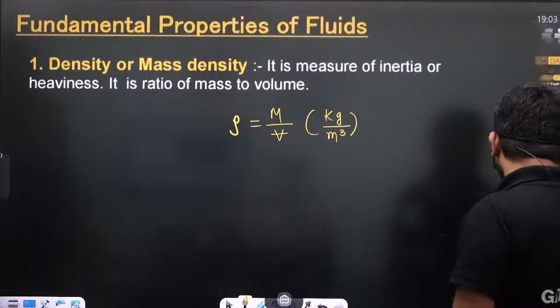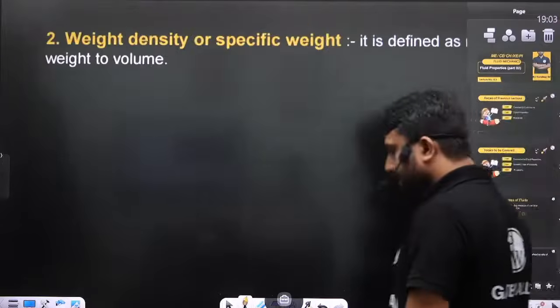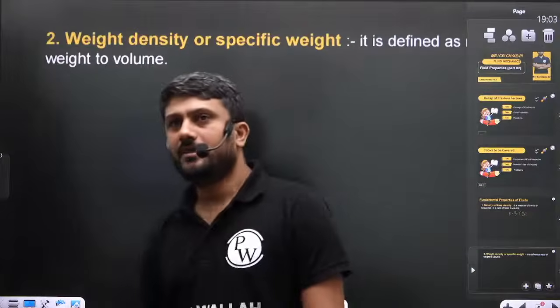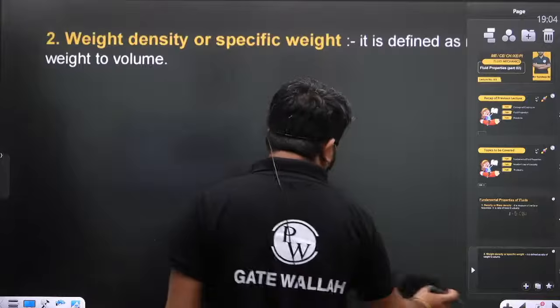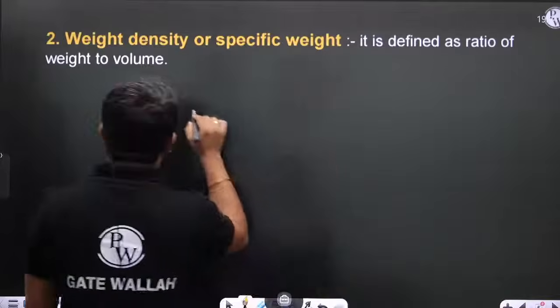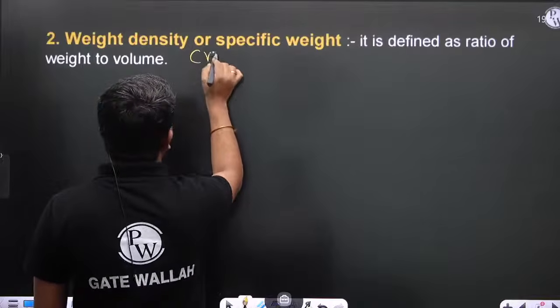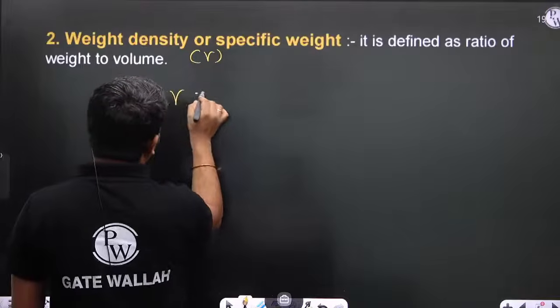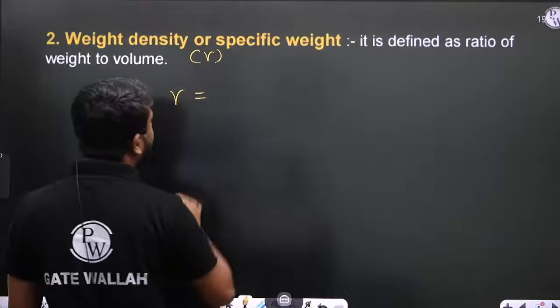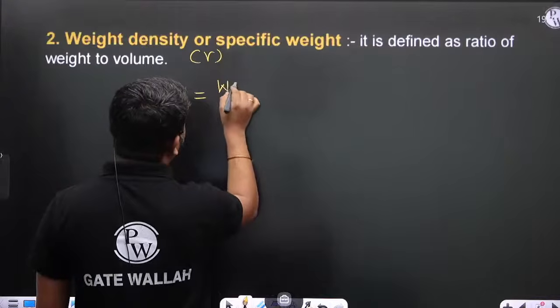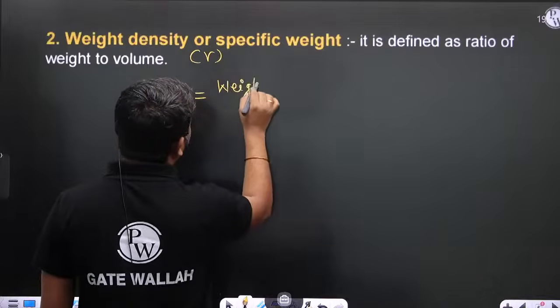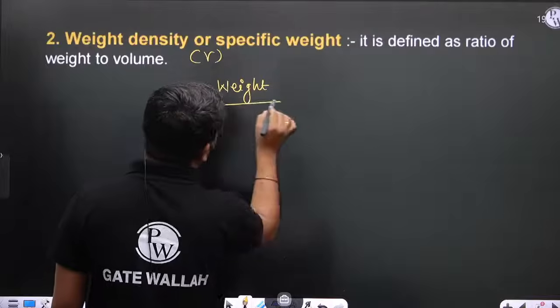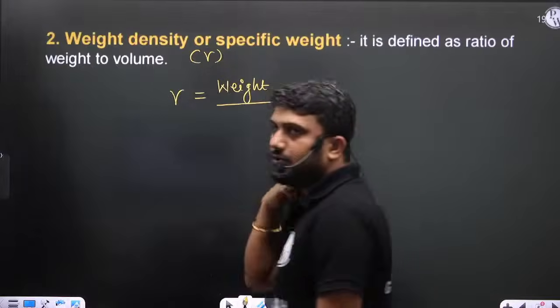Now the next fundamental fluid property is weight density or specific weight. It is denoted by gamma, and it is equal to weight per unit volume.